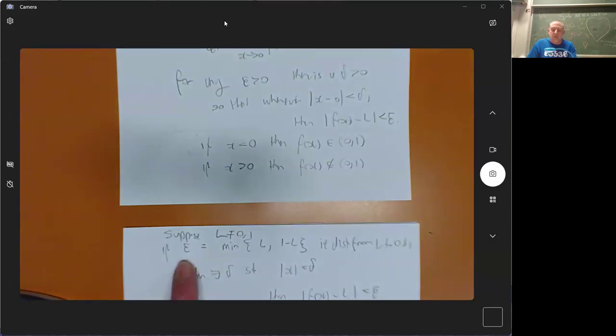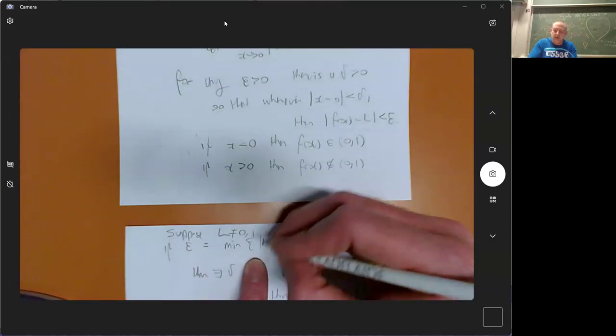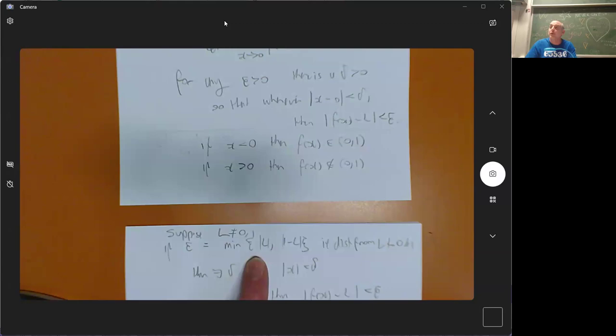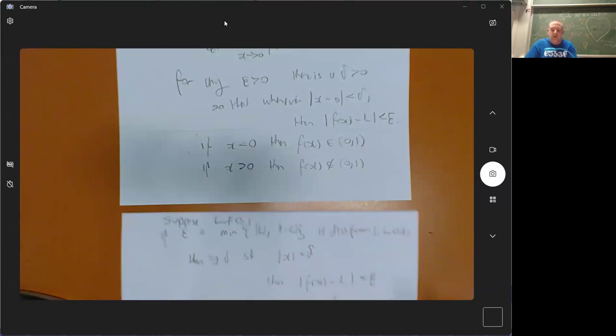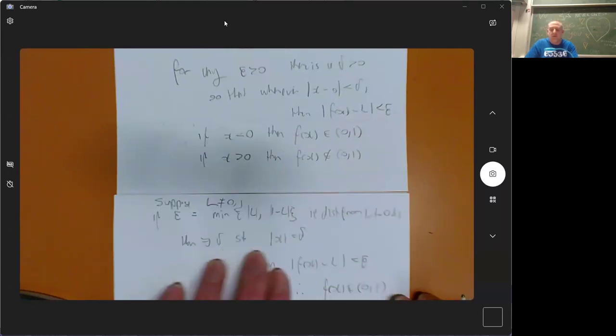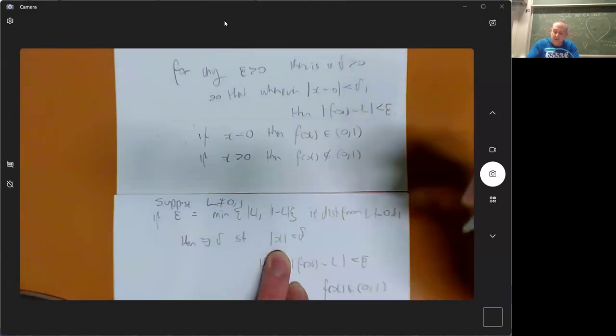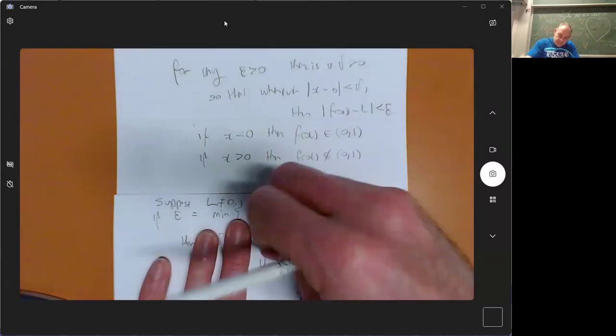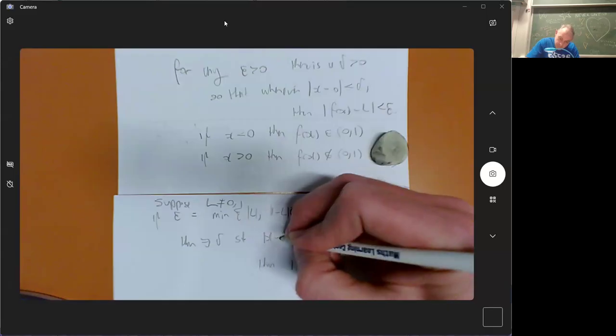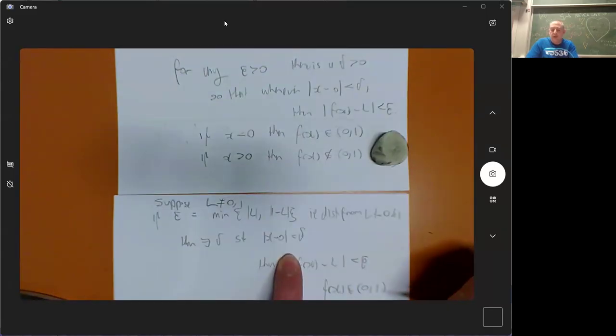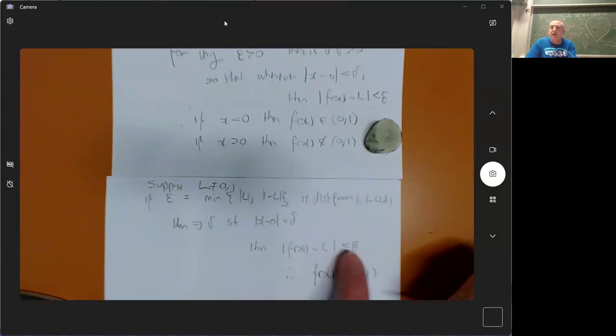Then I'm going to make epsilon the minimum of the distance between L and 0 and 1. And so we know that there exists a delta such that when x minus 0 is less than delta, then the distance between f of x and L is less than epsilon.